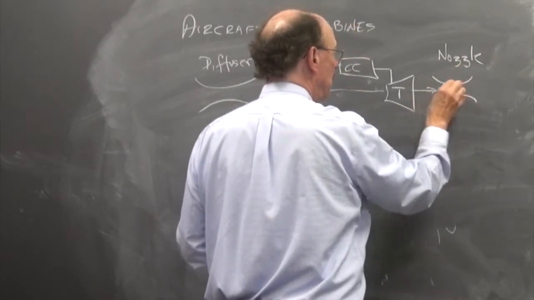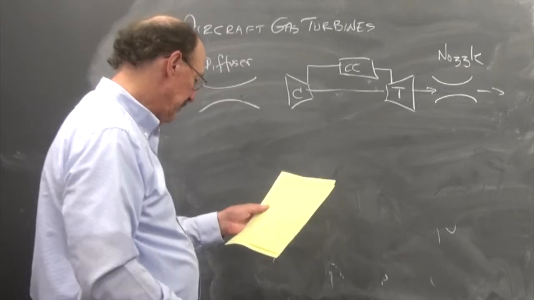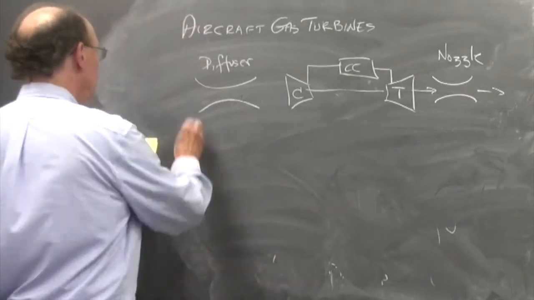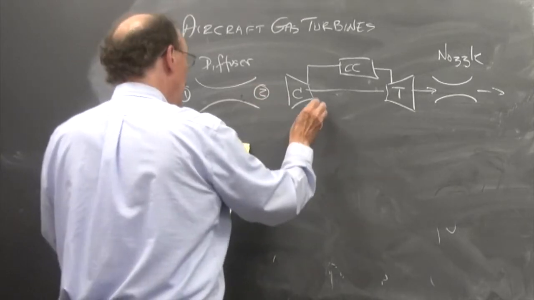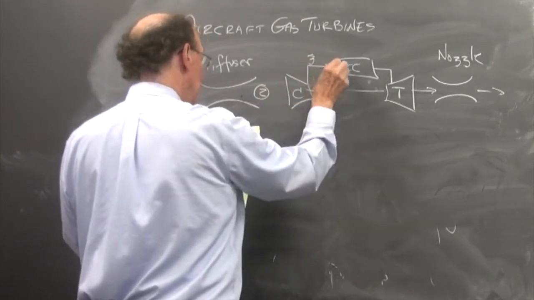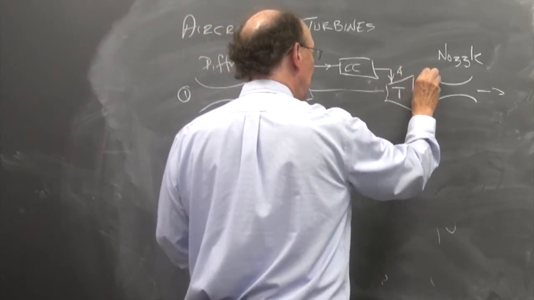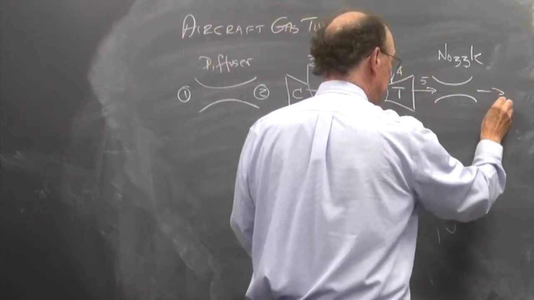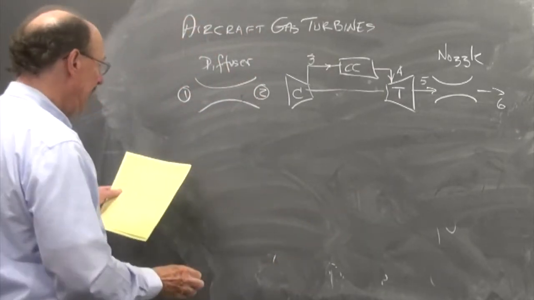So it's going to come out and go through a nozzle, and that's what creates the reactive force. So if I look at this, I'm going to start here: 1, 2, 3, 4, 5, 6. This is what it looks like ideally.